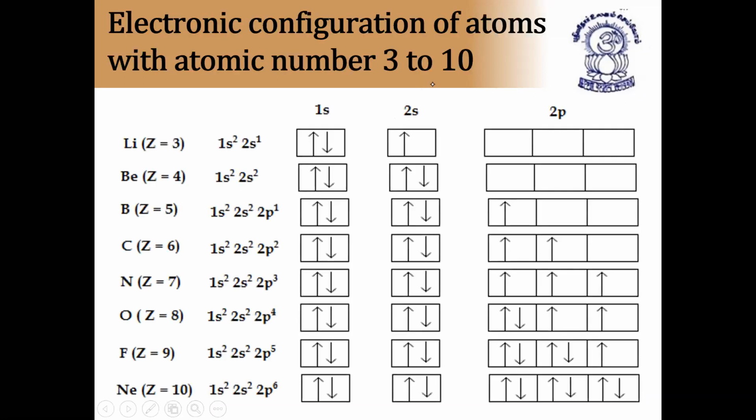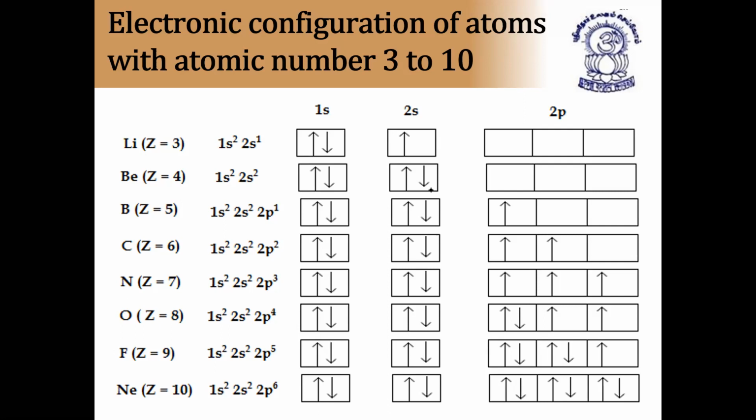So the electronic configuration of elements 3 to 10: 1s2 2s1, 1s2 2s2, 1s2 2s2 2p1, and so on. I already told you that for elements 1 to 40 you have to remember the electronic configuration. If you remember the energy levels, you can automatically write all the electrons because it's very simple. S can take a maximum of 2 electrons, p a maximum of 6, and d a maximum of 10, depending on availability.